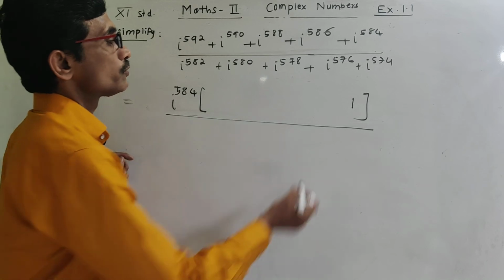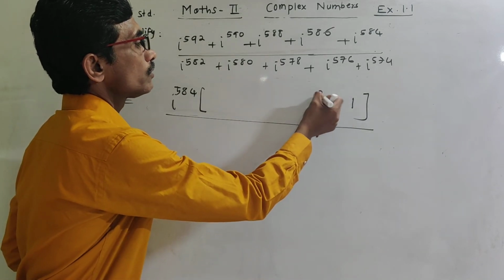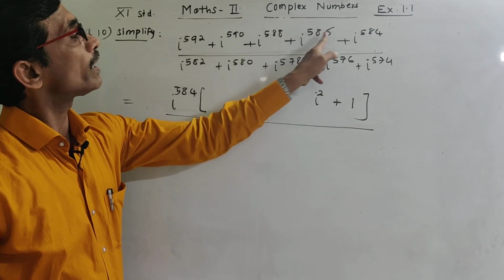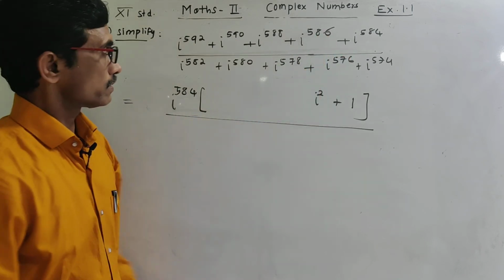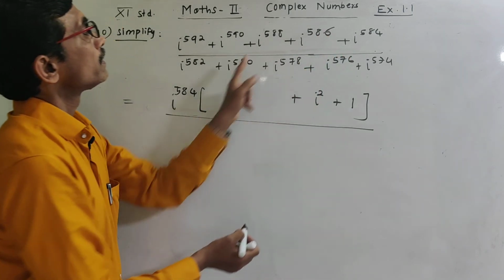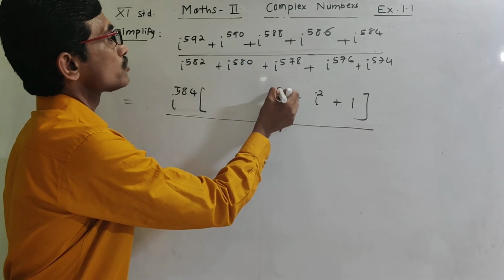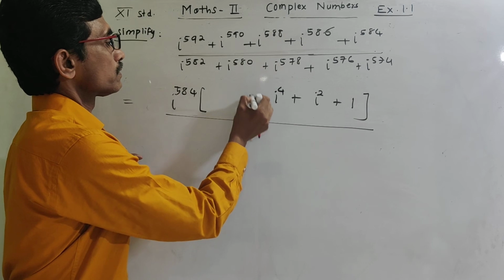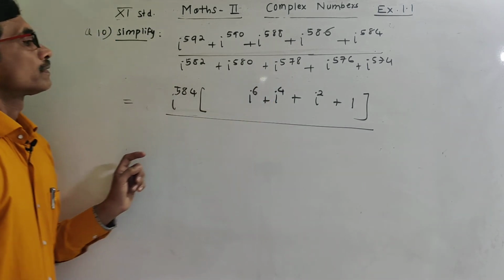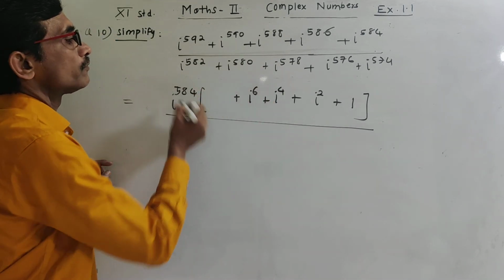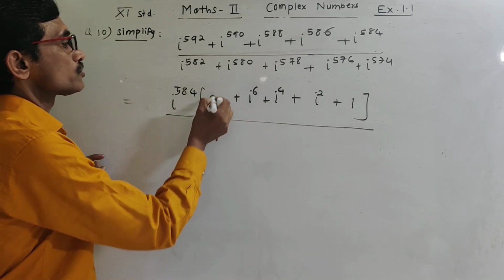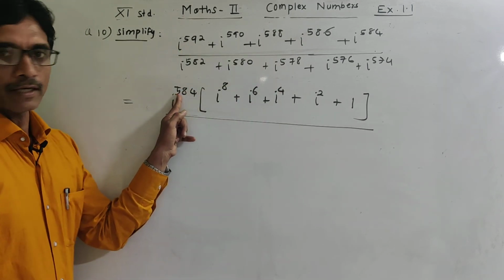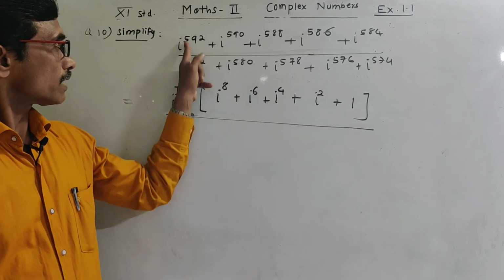Here i raised to power 2 will come, because i raised to power 584 into i raised to power 2 is i raised to power 586, plus here i raised to power 4, here i raised to power 6, and then the last term will be i raised to power 8, since i raised to power 8 into i raised to power 584 is i raised to power 592.